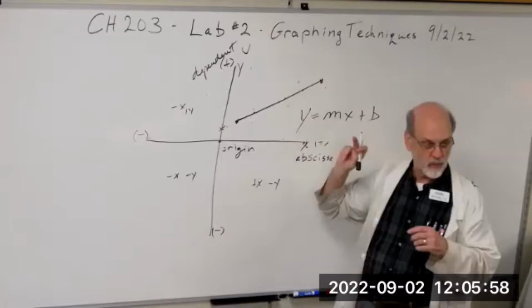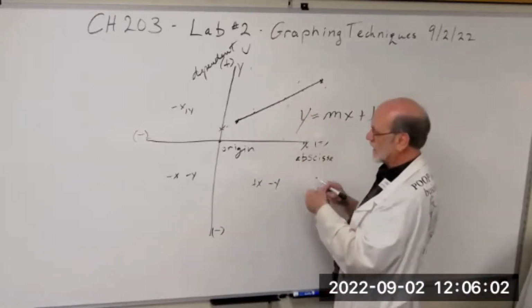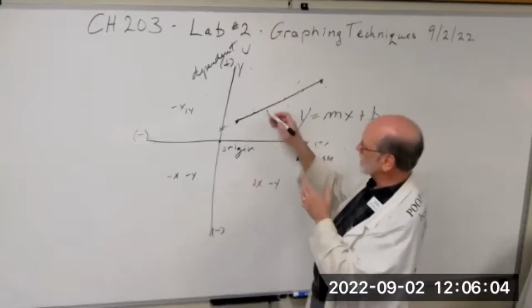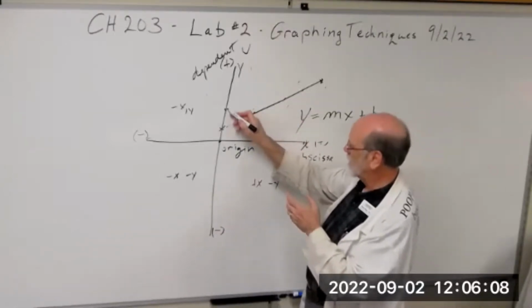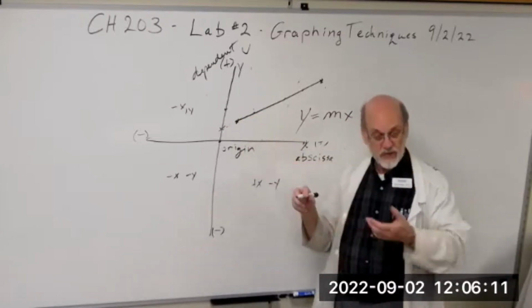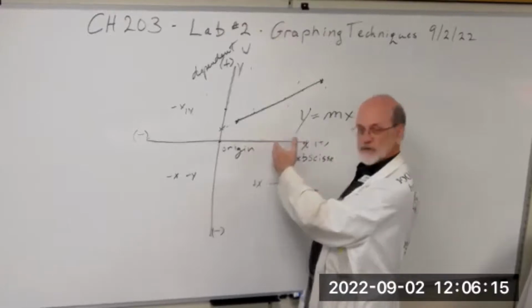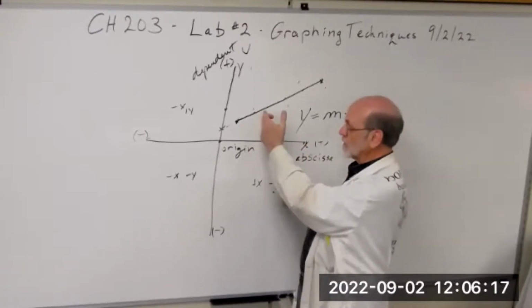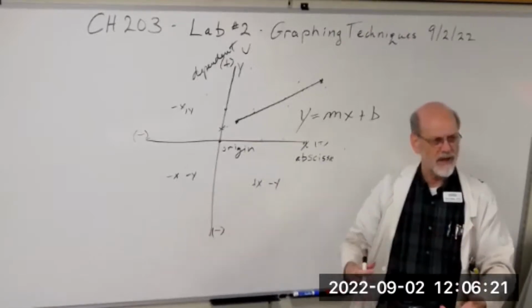But suppose, after I get the data, I graph it and I say, I didn't make a measurement in this position right here, but I'm curious, what if I had made a measurement there? What would the y value be? So I just go up here and across there. That's what the y value would be. That's how you read it off the graph.